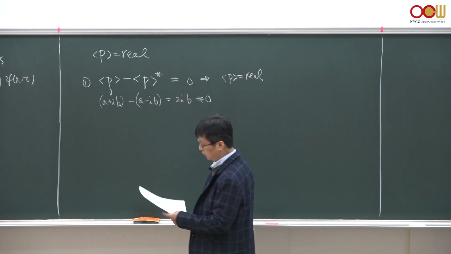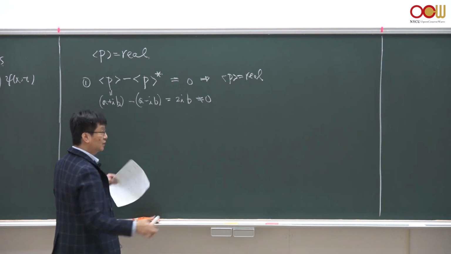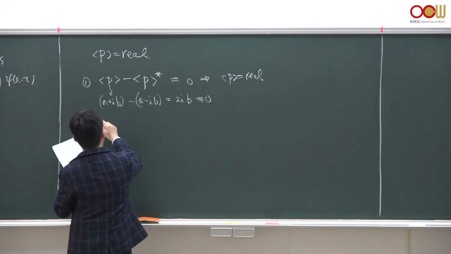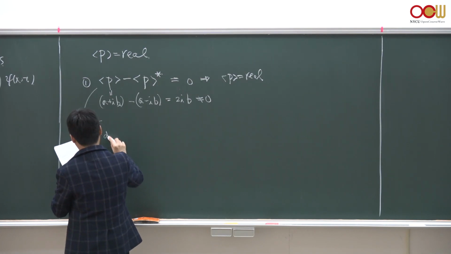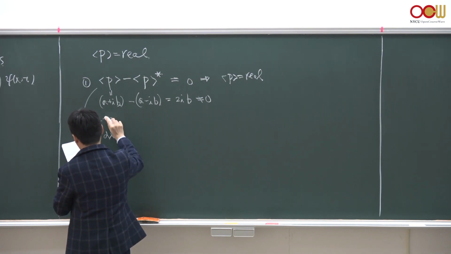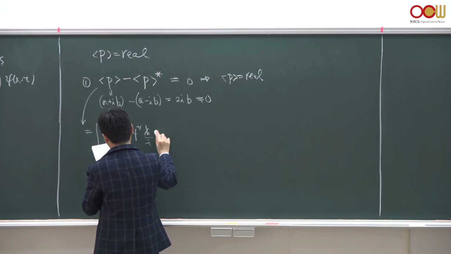So you don't need to worry about this complex expectation value of the momentum operator. But the reason why this vanishes needs some calculations. So let's just plug in this definition of the expectation value of the momentum and subtract one from another.